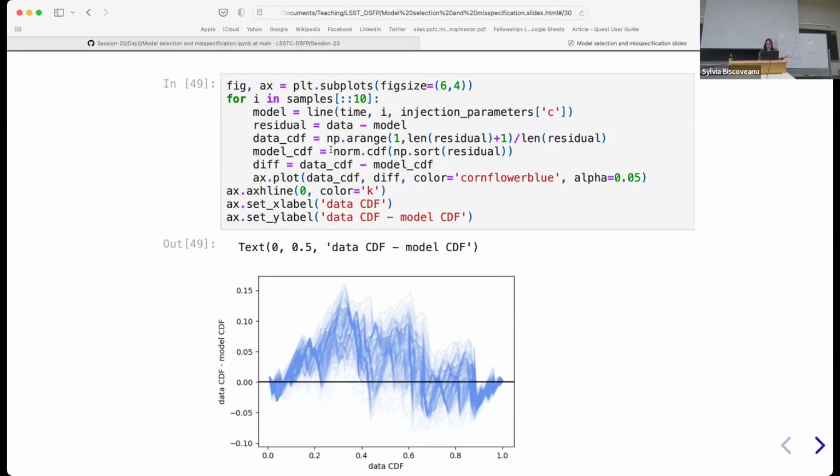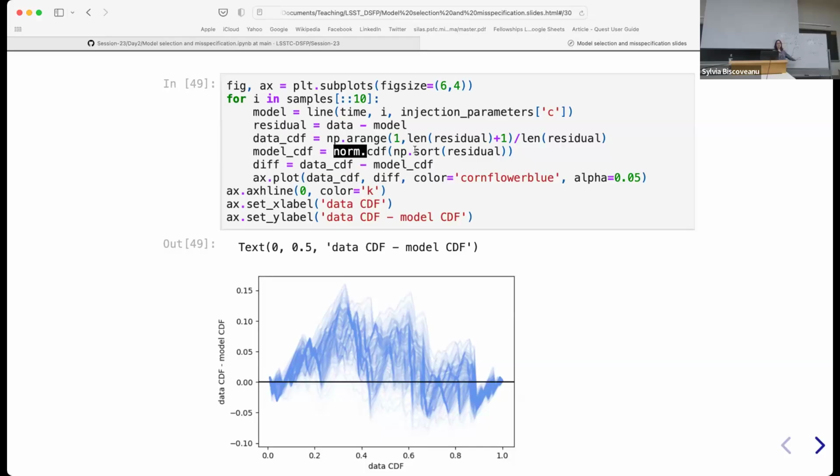What about the CDF of our model? Well, our model for our noise was to assume that it is Gaussian distributed with unit variance. So now all we have to do is use our handy SciPy function to calculate the CDF of a unit Gaussian. And where are we evaluating it? We're evaluating it at these x values.